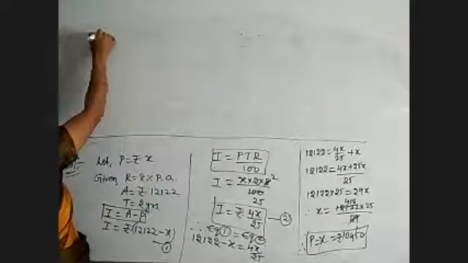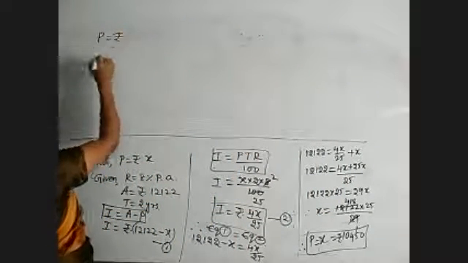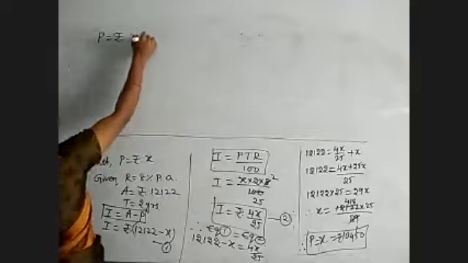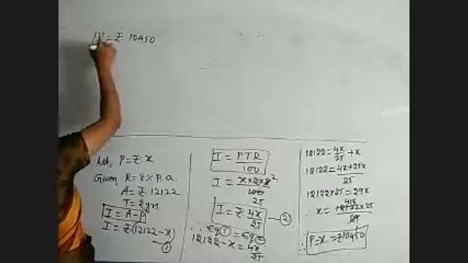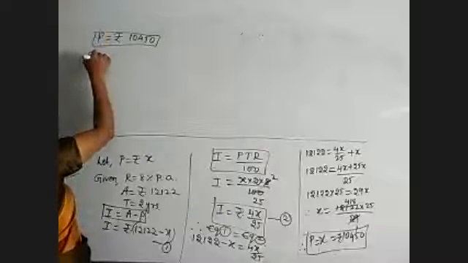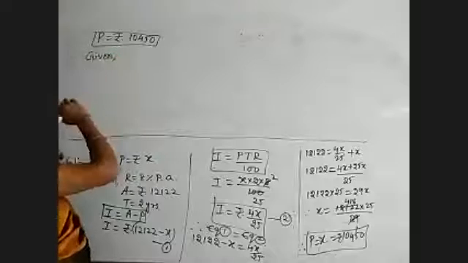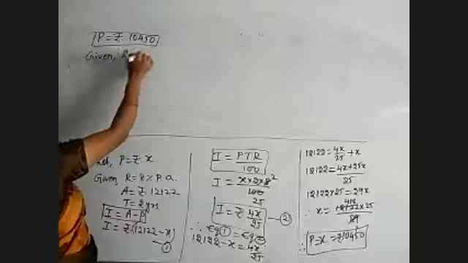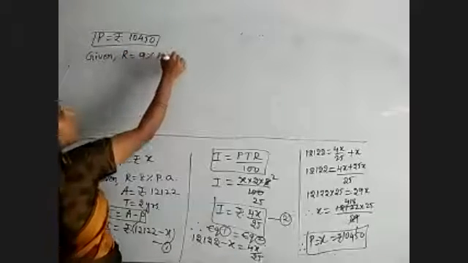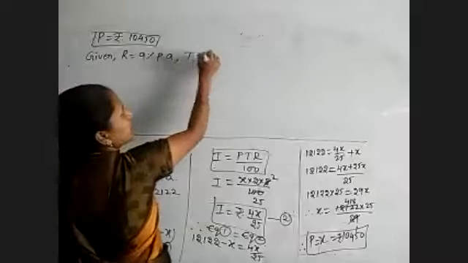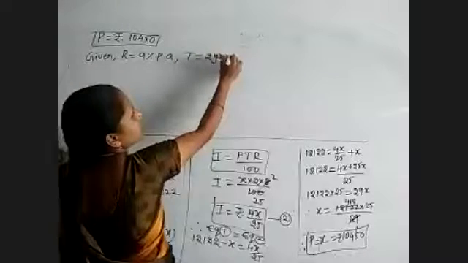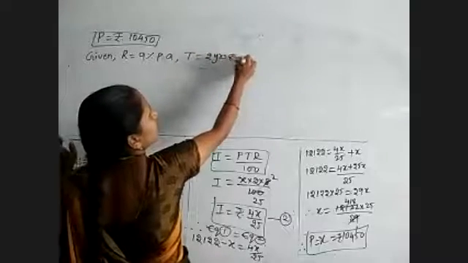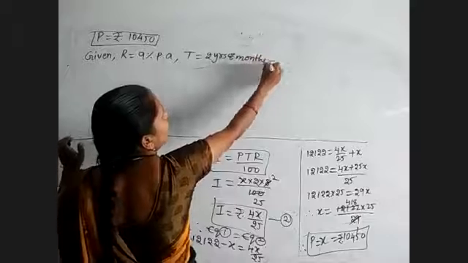We got P value as 10,450 rupees. And the given values in the second statement are rate of interest equal to 9% per annum and time given as 2 years, 8 months. So directly we will write the answer.